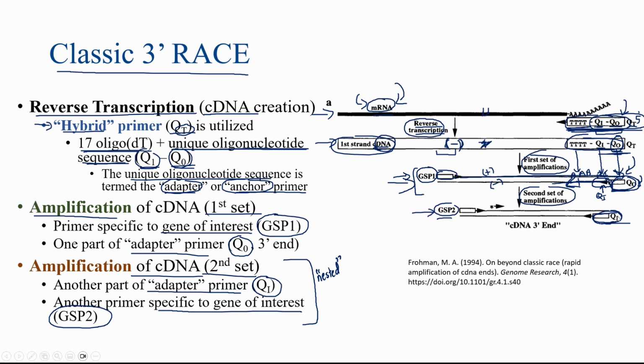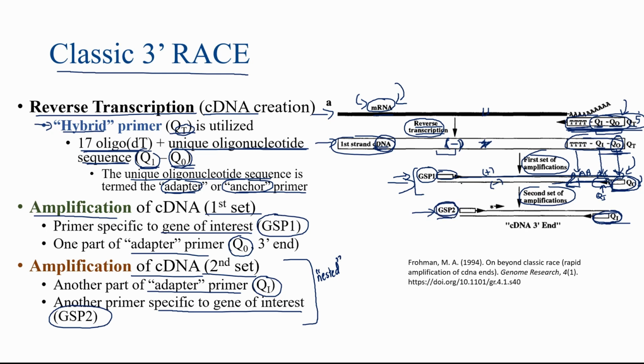So what the Q internal here is binding to is the positive sense strand. So it is annealing to a positive sense strand that's going to be created by the GSP2.